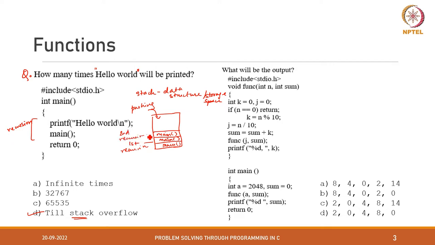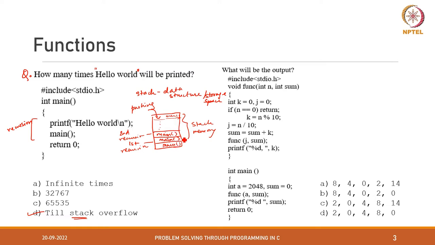So at some point of time, this stack will completely get filled up with main functions, right? We are calling the main function again and again. So this entire stack space, this is the stack memory, will get filled with these main functions, and that is when stack overflow occurs.